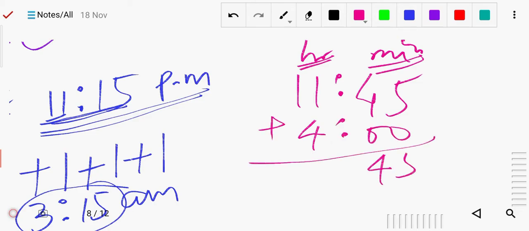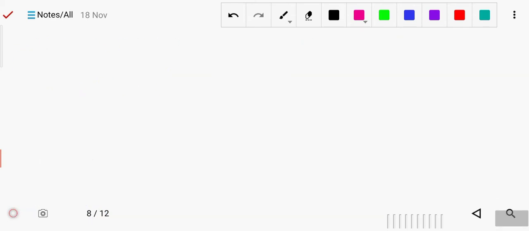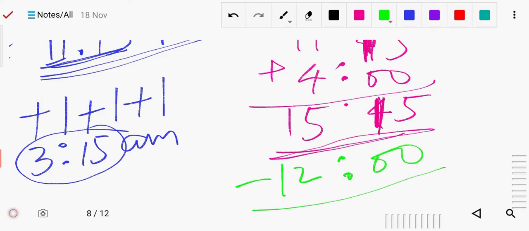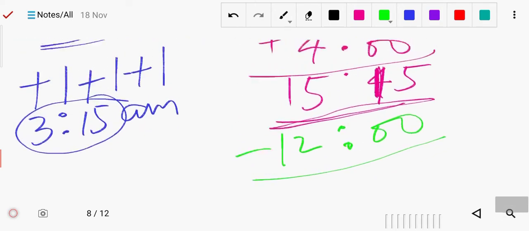So here is 15 actually, this is the 15. Okay, so now this is the 15 and here will be the 15. So now again this has come in the 24 hours time. So 12 you can subtract. As I have done in the last questions, you can subtract the 12, so you will get the answer in AM or PM.